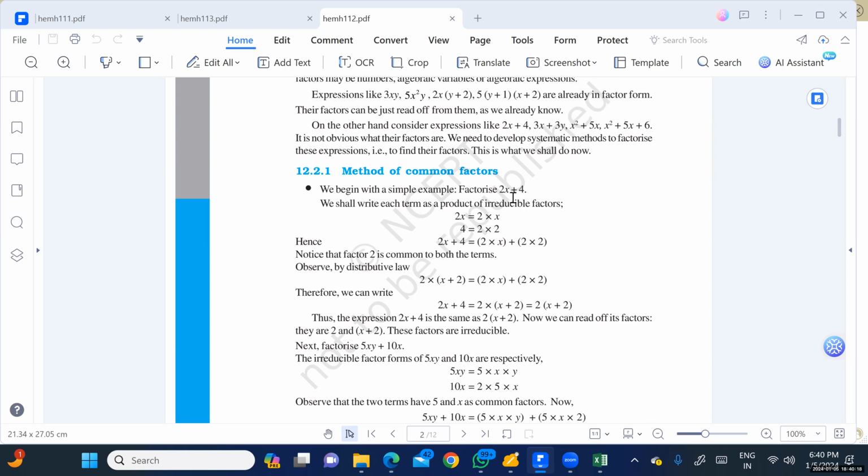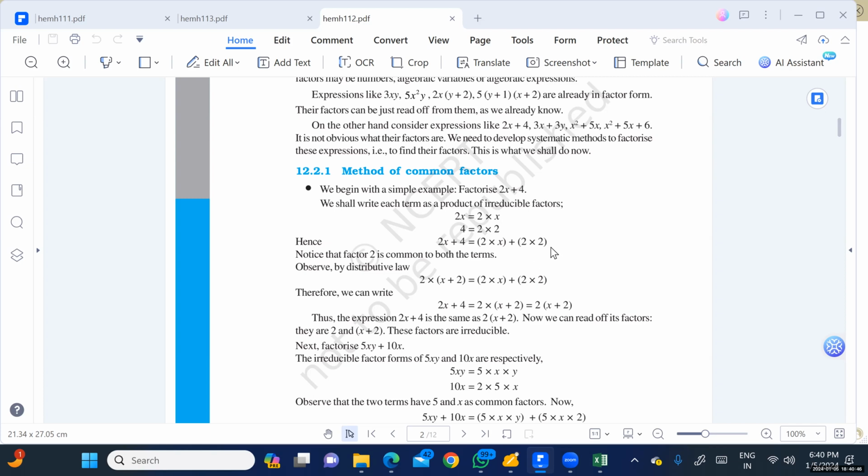So this term 2x, we separate this. 2x is equal to 2 into x. 4 is equal to 2 into 2. So we broke both the terms. So 2x plus 4 is equal to 2 into x plus 2 into 2.